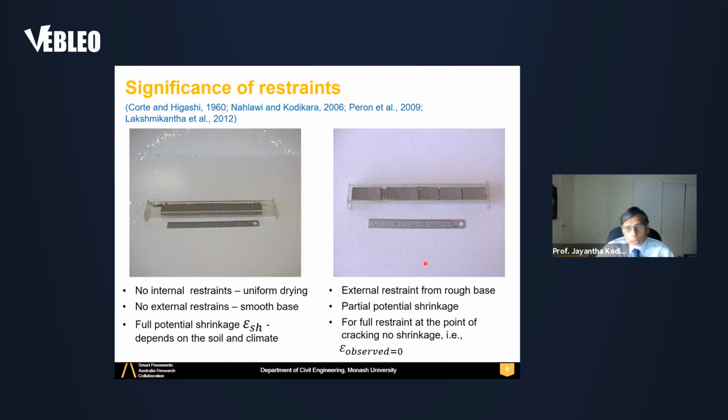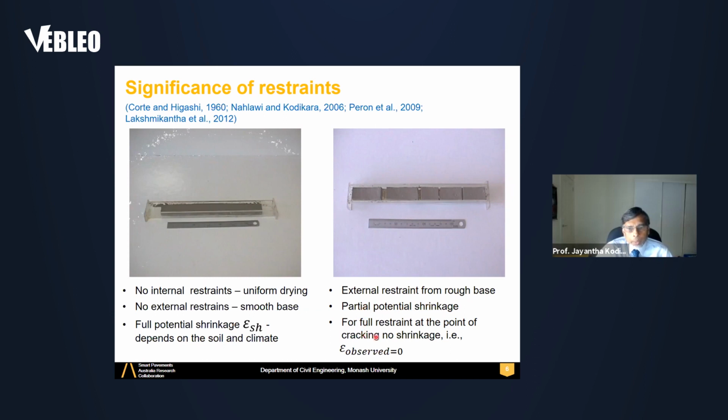In contrast, on the right-hand side, you see a container where the soil is placed without greasing, so there is friction and adhesion at the base. There is external restraint from the rough base, giving partial potential shrinkage. That means some free shrinkage is restrained by the external restraints.